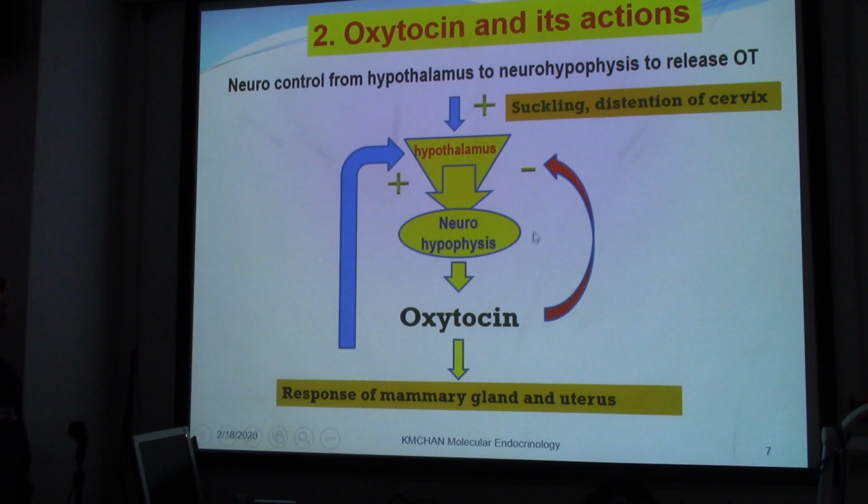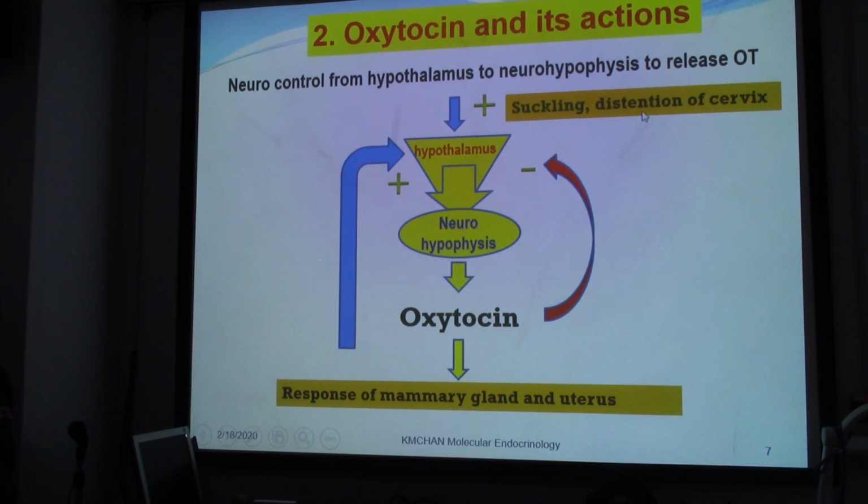For oxytocin, after suckling, the signal goes over to stimulate the hypothalamus to release the hormone in the posterior pituitary gland, also known as the neurohypophysis, because the neurons go all the way down to the mammary gland and also to the uterus. So the uterine muscle contraction would bring about the delivery of the baby, or sometimes we call this labor.